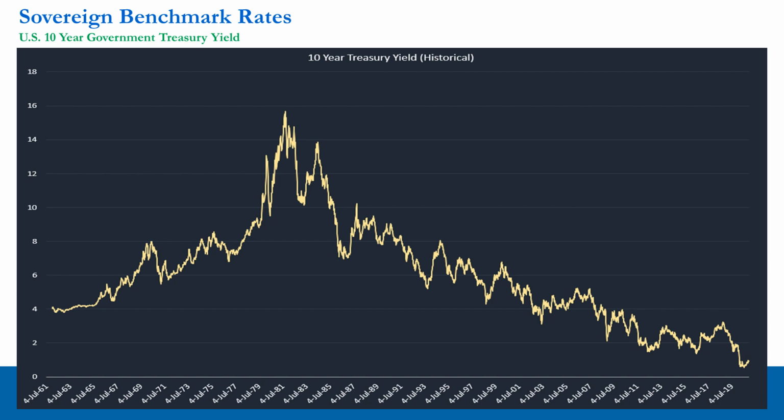Of course, we see a similar situation. This data, by the way, and this spreadsheet is available in the downloads area, and you can update that continuously going forward yourself. But again, same story since the early mid-80s, just continuous decline in the 10-year government treasury yield.